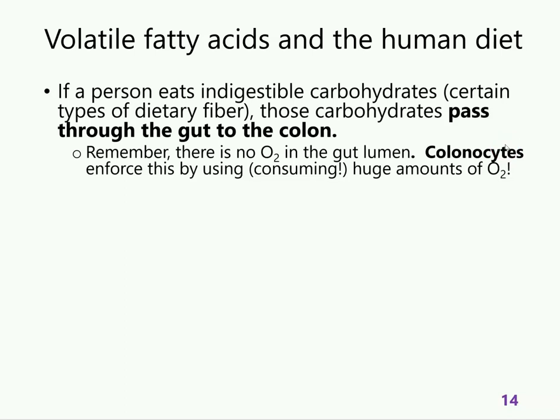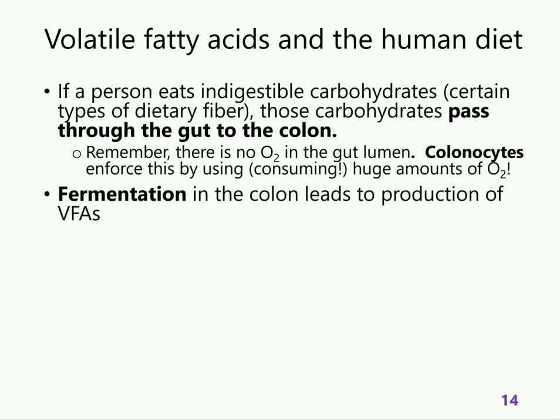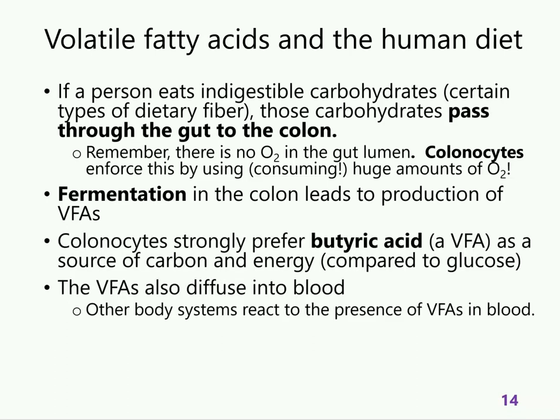So the epithelial cells of the colon, one of their jobs is to use up oxygen and make sure there isn't any in the lumen. I just read about this this week. It's awesome.